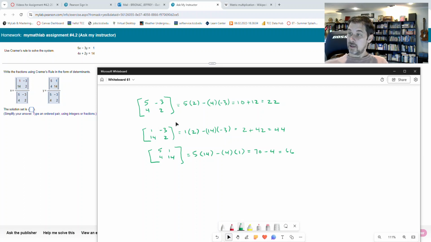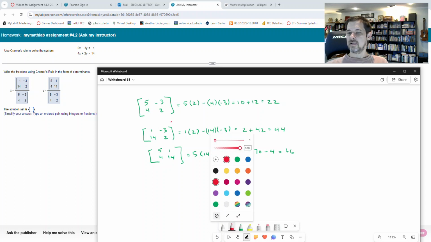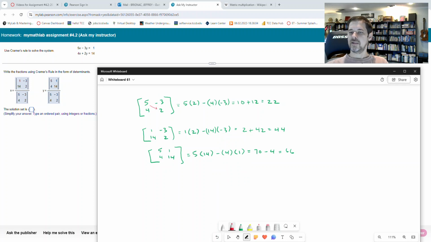The way that I calculate a determinant, at least one of this size, is I multiply diagonally this way, 5 times 2 in this case, and I multiply diagonally that way, 4 times negative 3, but I always subtract. So it'd be 5 times 2 minus 4 times negative 3. They're all done that way every single time.